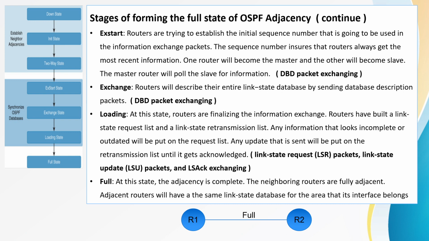After this is done, the router will go to the final state, called the full state. At this state, adjacency is complete. The neighboring routers are fully adjacent. Adjacent routers will have the same link state database for the area that the interface belongs to.